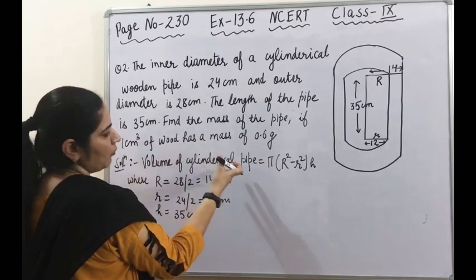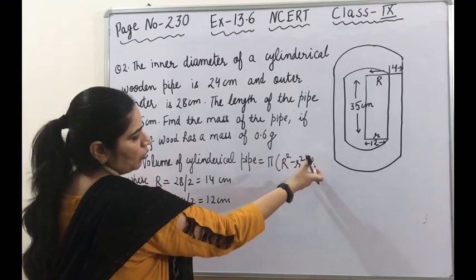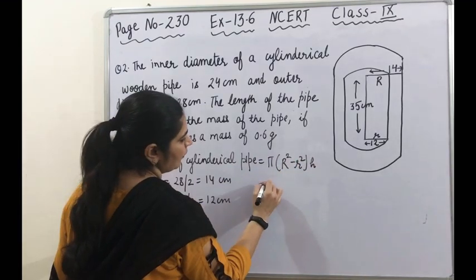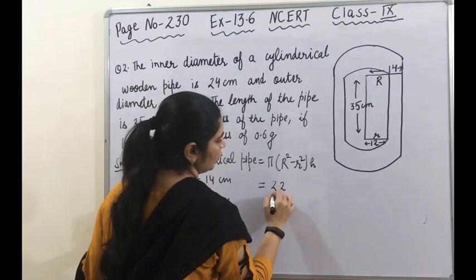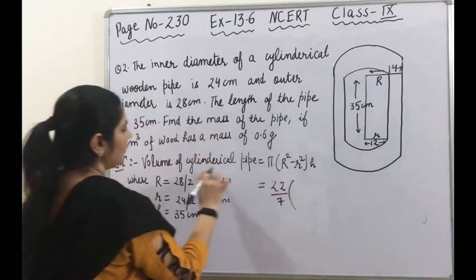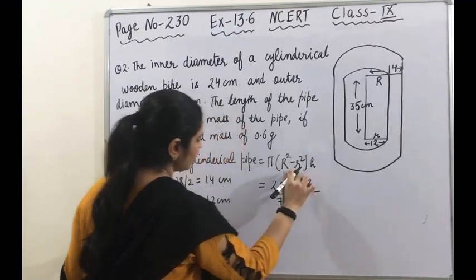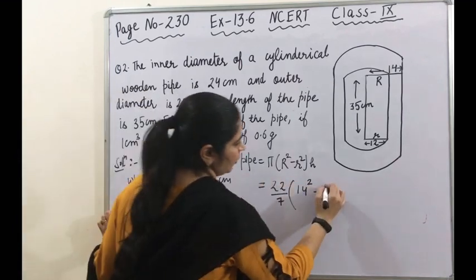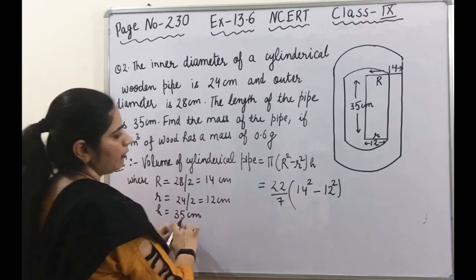We'll apply the formula of the volume, pi into capital R square minus small r square into h. Now here I am substituting the value. Pi is not given, so we'll write here pi as 22 upon 7. Capital R is 14, we'll write 14 square. Small r is 12, 12 square into h, height is 35.